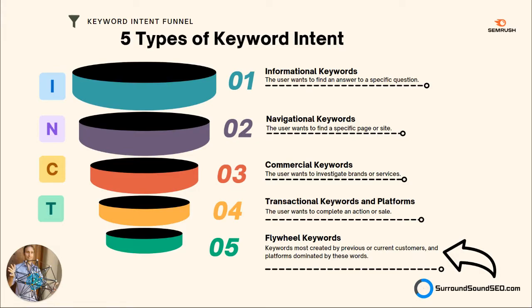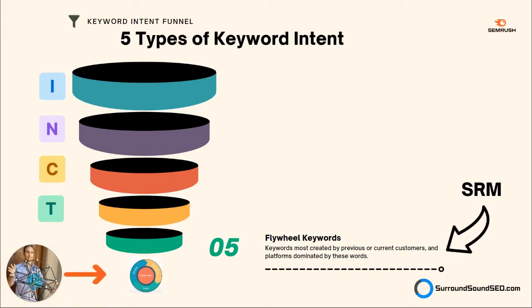It's important to focus on flywheel keywords and be very, very aware of them because these are keywords that are oftentimes associated with user-generated content. These users are not just any old user out there. These are users, probably customers, that have already been through your sales funnel, and they can dissuade or hijack your entire sales process by saying things that are bad about your brand.